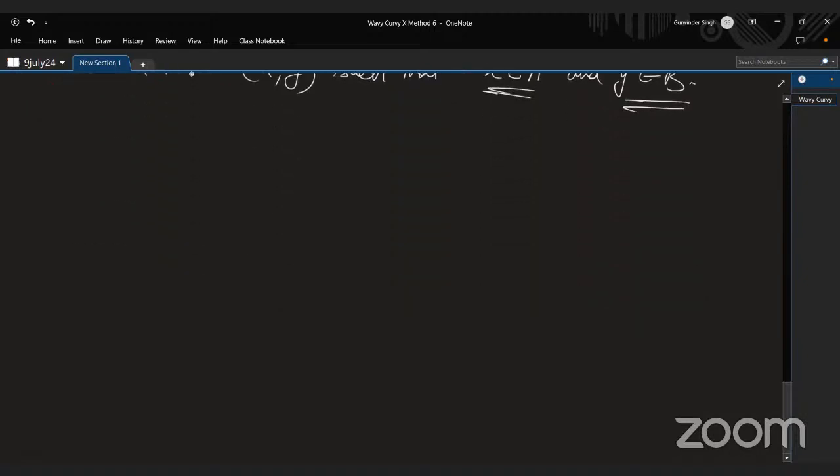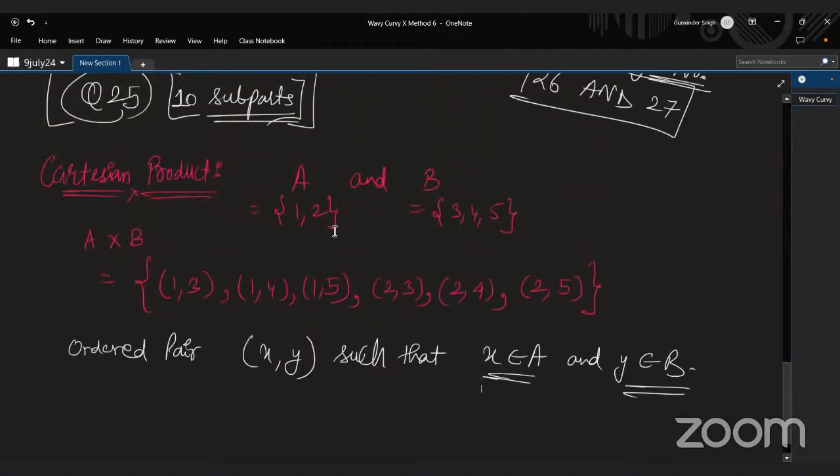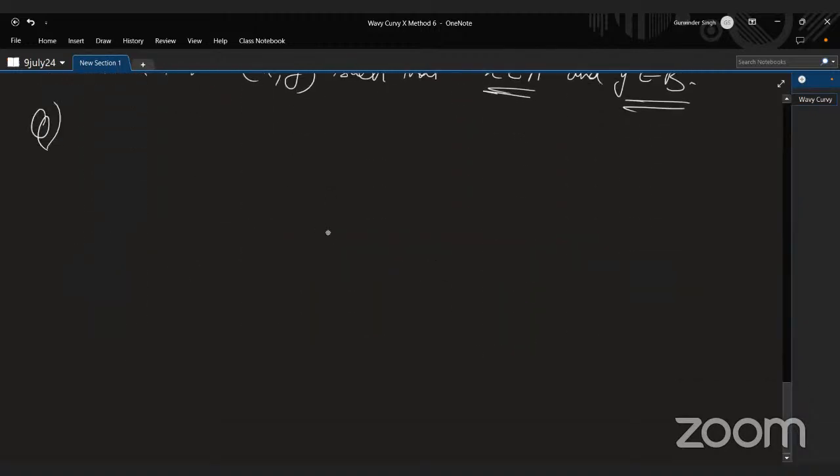So this is basically what we have. Okay, a basic question to solve: if a set A has x elements and a set B has y elements, what is the number of elements in A cross B? Tell me.